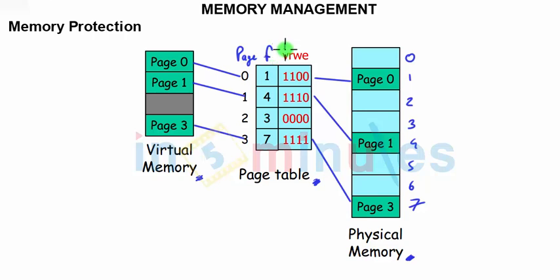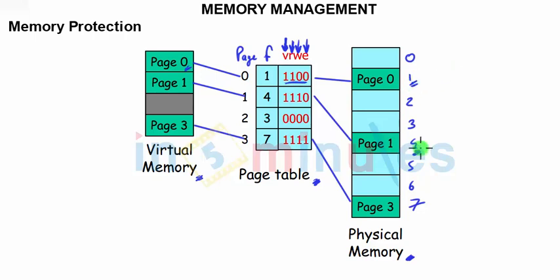And here we are seeing whether it is valid or not, whether it is readable or not, whether it is writable or not, whether it can be executed or not. So in seeing this, we would understand that page 0, which has the protection bits 1100, is valid and readable, but you are not allowed to write or execute it.